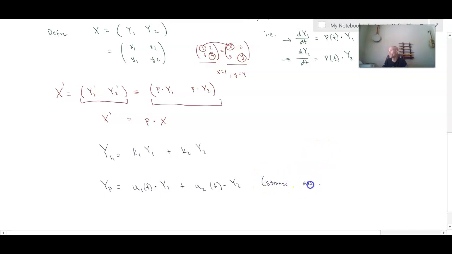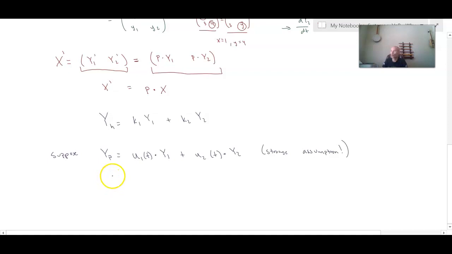Now, for the moment, this is going to seem like a strange assumption. And that's okay. We're not going to really get into the theory of this at the moment. But we're going to show that you can find u1 and u2. So suppose that your particular solution will be some summation of those two homogeneous solutions. Okay.